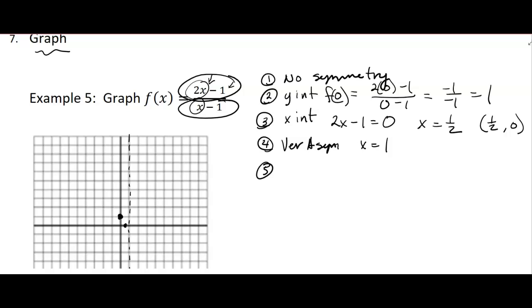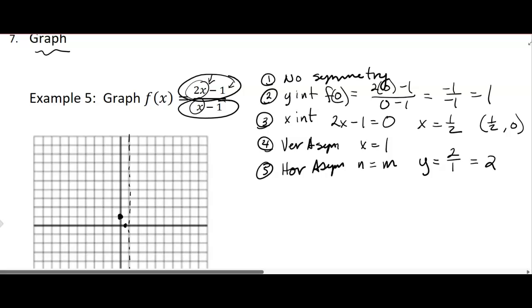We just have one vertical asymptote. Okay. Horizontal asymptotes. You have to look at the degrees. The degrees are the same. So n equals m this time. And so we're going to have y equals, it's the leading coefficients, 2 over 1, which is 2. So y equals 2. So there's going to be a horizontal asymptote right there.